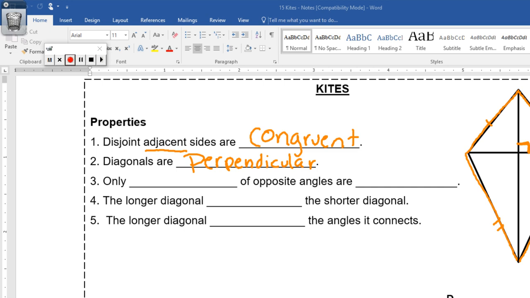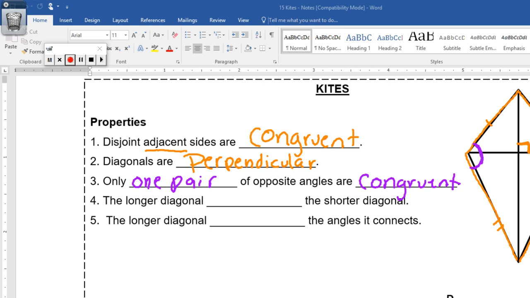Our rule number 3 says that only one pair of opposite angles are congruent. That means that this entire angle is going to be equal to this entire angle.